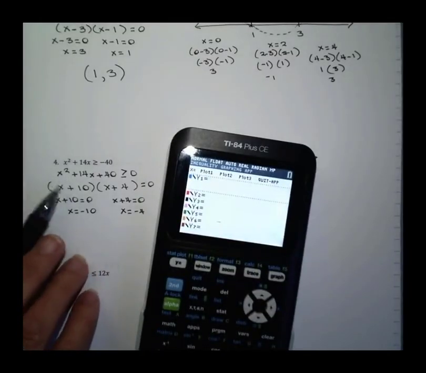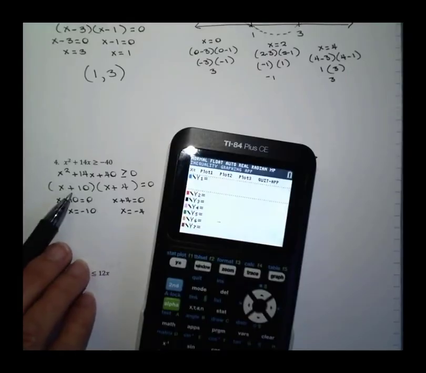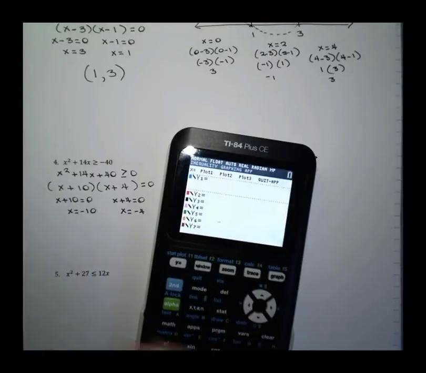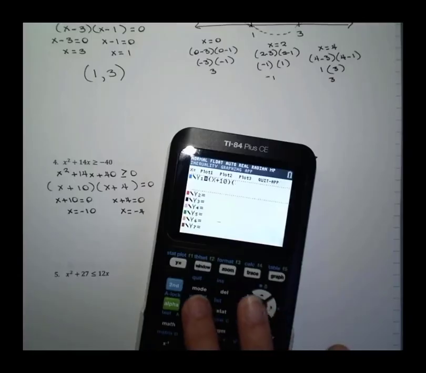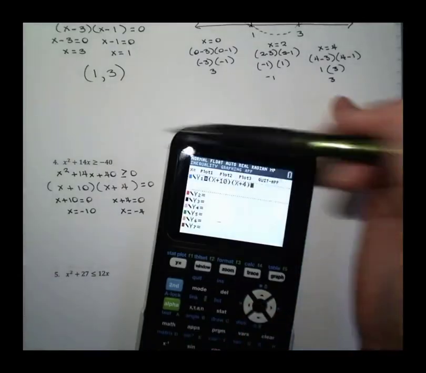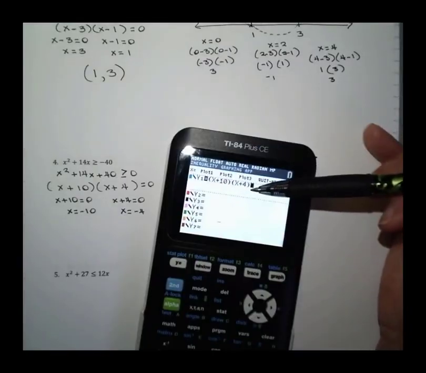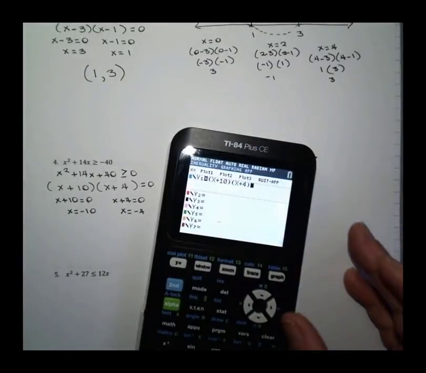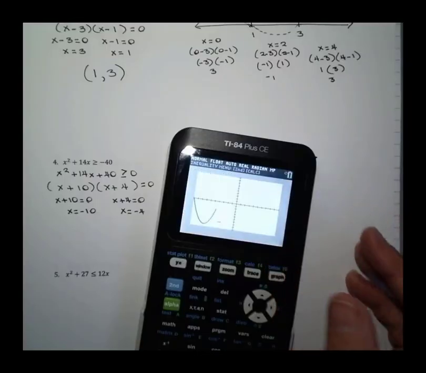Let's enter the factored form just for a change of pace. I'm going to say x plus 10 inside parentheses, close the parentheses and start a new one, and then say x plus 4. Remember, you can use either the factored form or the non-factored form, it doesn't matter. So x plus 10 times x plus 4, and let's graph this.